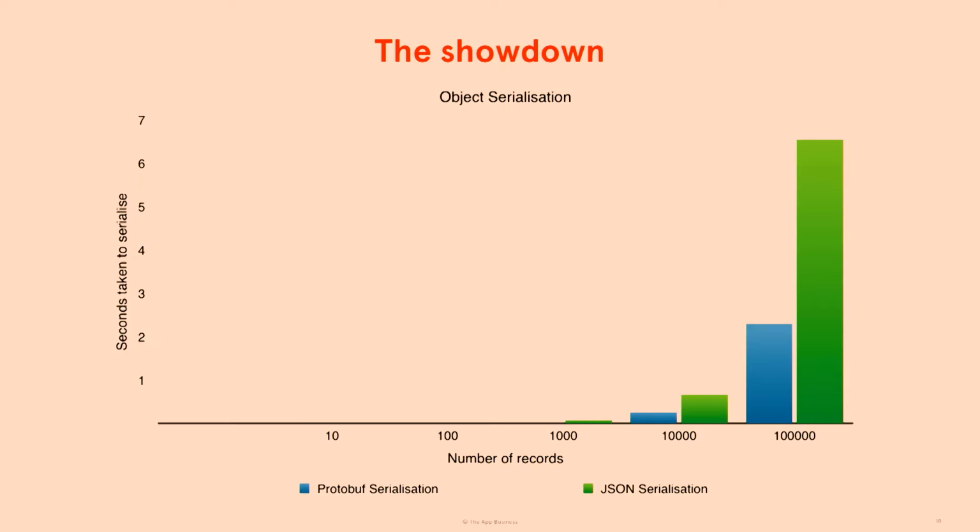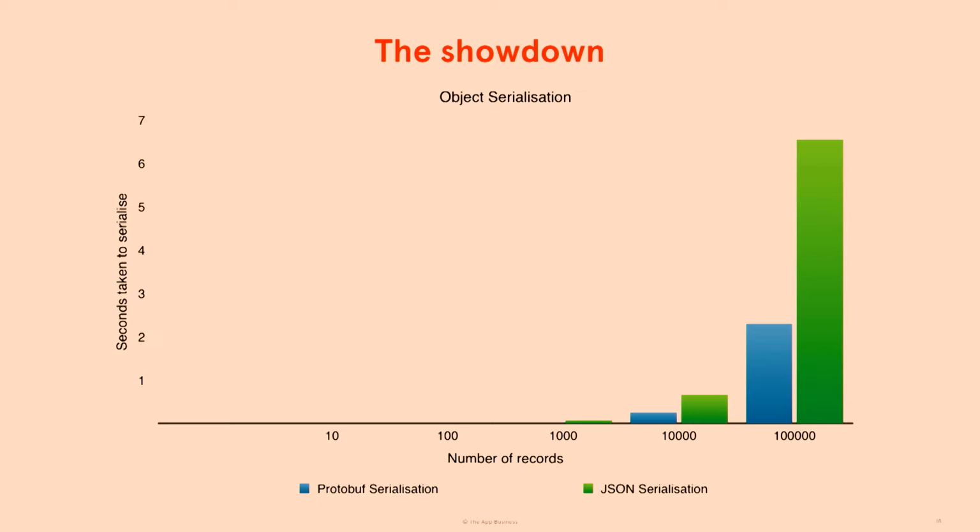And this is what we get. In the blue, we'll see the time taken for protocol buffers to serialize the number of objects, and in green we see the time taken for JSON to serialize the number of objects on this rather old laptop.